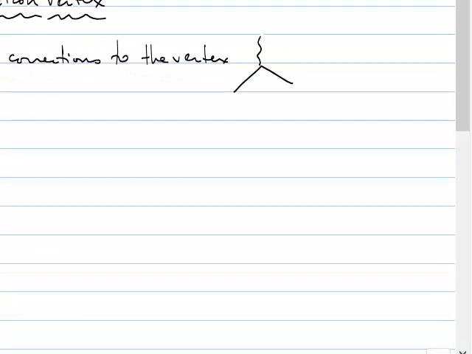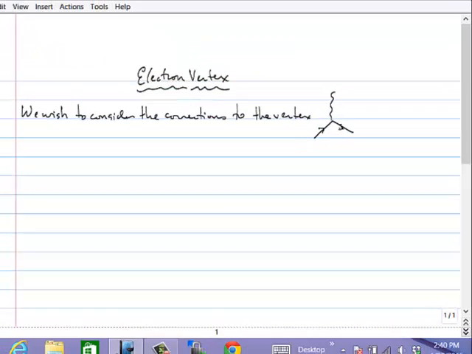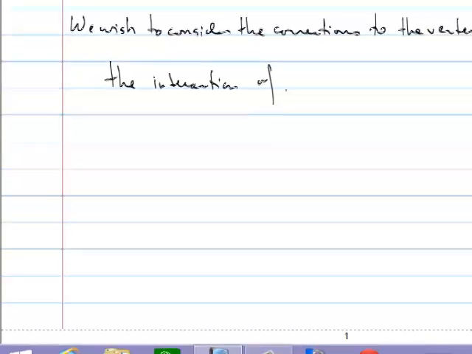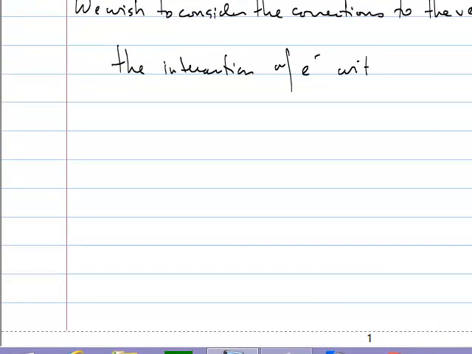And in particular, what I would like to consider are the quantum corrections to the three-point function, which describes the interaction of an electron with a photon.